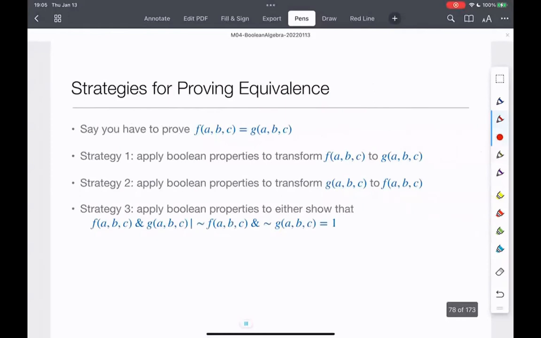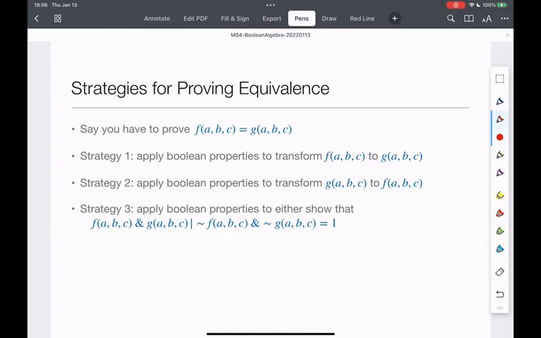Same thing. Strategy 3 is the following. Here I make use of the fact that if two things are equal, then for all inputs, either they are both 1 for a particular input or they are both 0, which we also call XNOR.